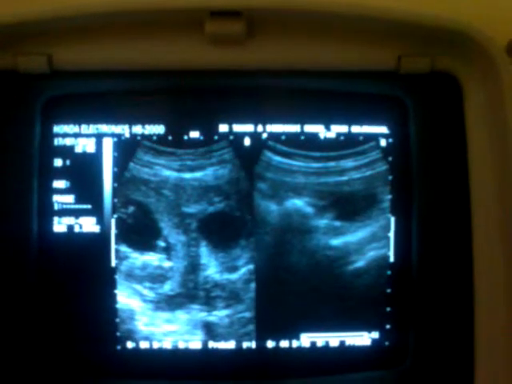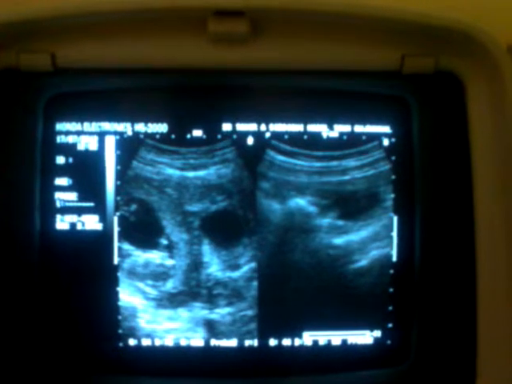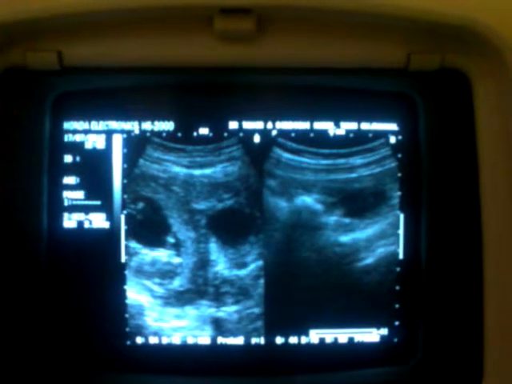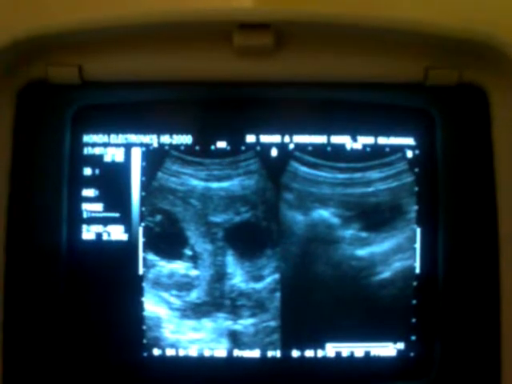Number two, measuring 25 millimeters, it is either a blighted ovum, or the third differential would be a resolving twin. So this is the case of the day.